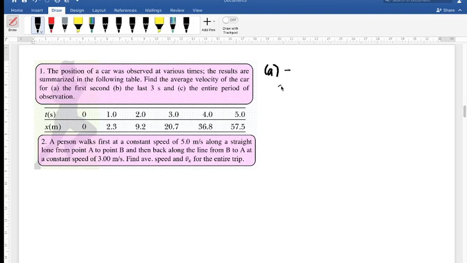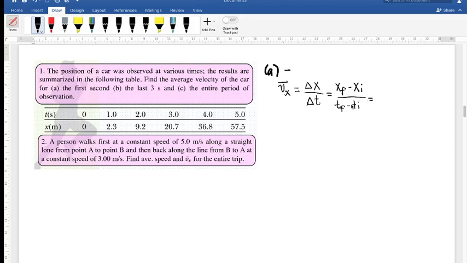So just using the formula we had, the average velocity is equal to the change of your position divided by the change of your time.